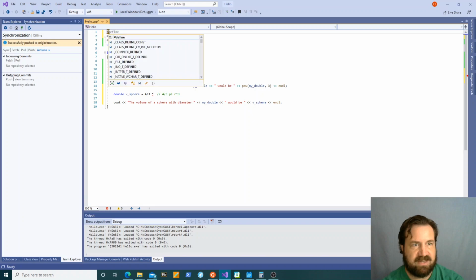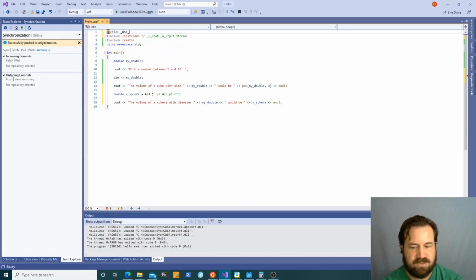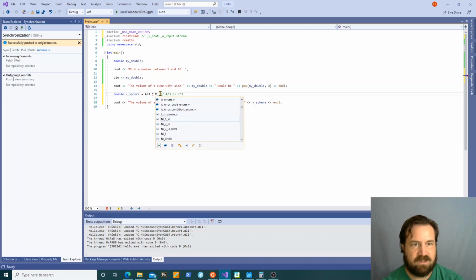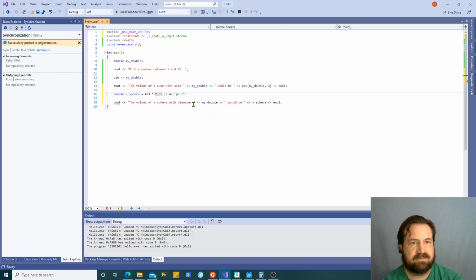We can say #define _USE_MATH_DEFINES, and if that is the very first line of code, before any #includes, then we can get a constant called M_PI, for math pi. 4/3 times M_PI times pow of, well, we're using my double as a diameter, so my double over 2 comma to the 3rd power.